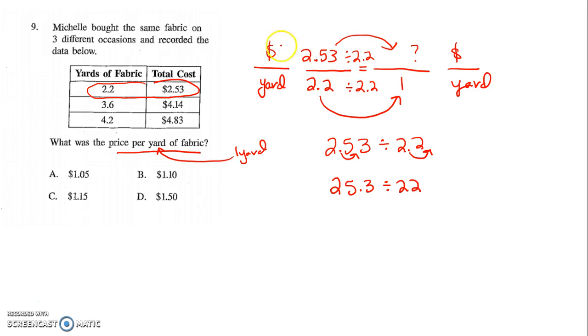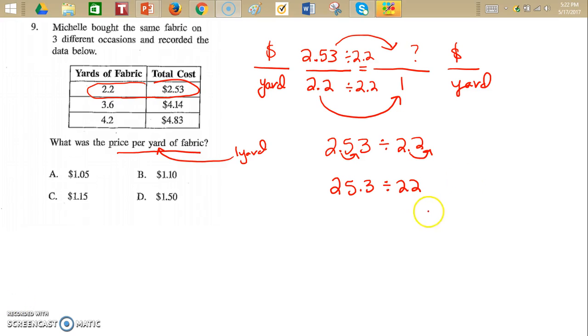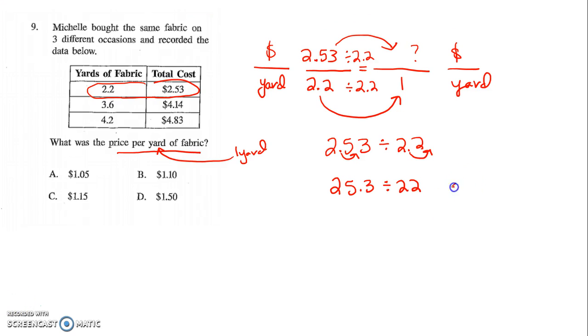On your calculator, you're going to punch this in to get your answer. I don't happen to have a calculator at home, so I need to do 22 goes into 25.3 how many times? You probably just punched this into your calculator and got an answer already.